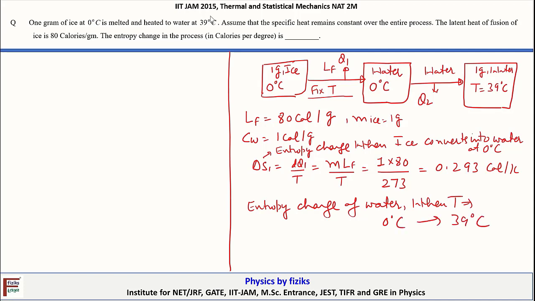That entropy change, let's say delta S2, is equal to mCW, and then dQ by T basically, so mC dT by T, when the temperature is changing from some initial value T1 to T2. This can be rewritten as mCW ln T final, or T2, divided by T1.